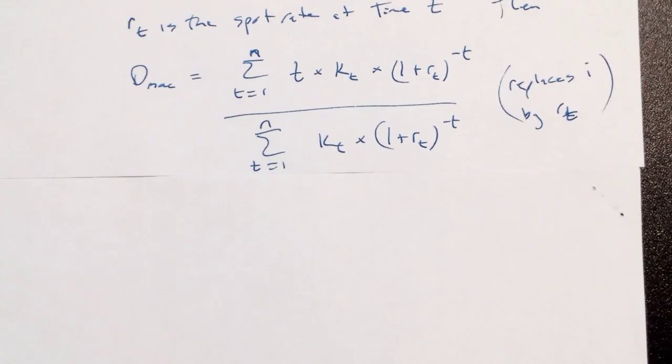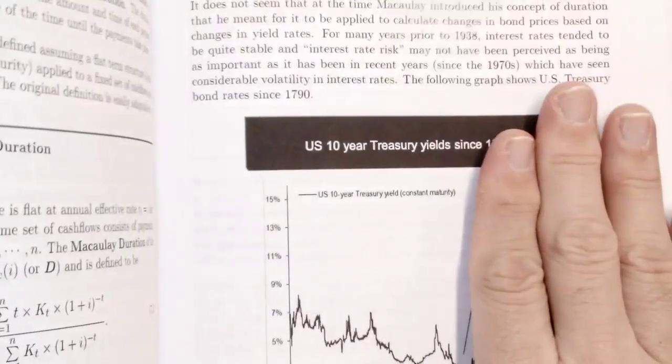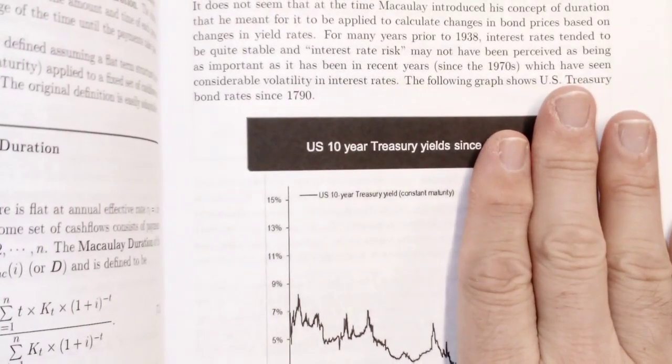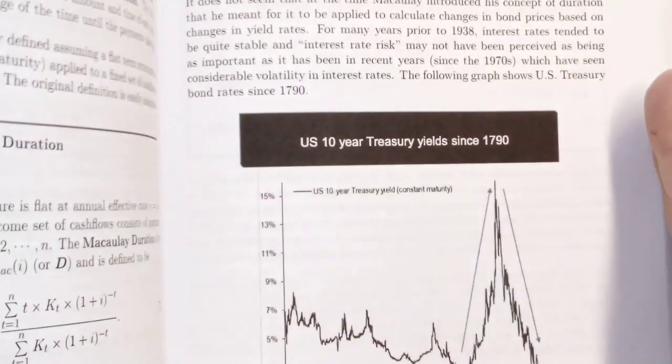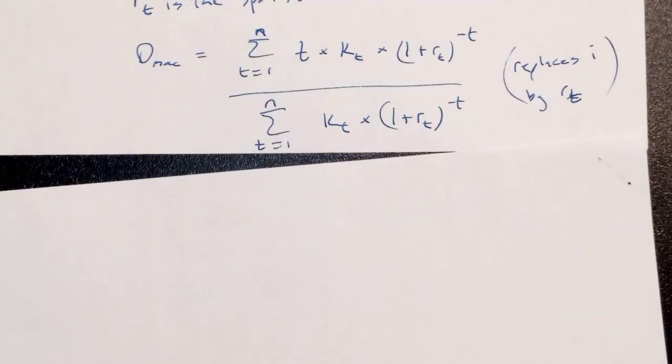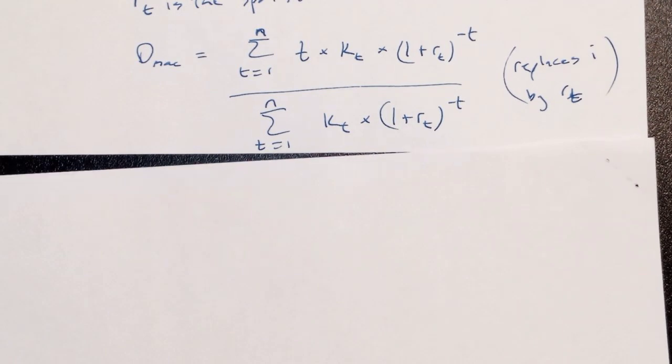So when Macaulay did this, he was looking at rates that had been fairly uniform, even routinely declining. Post that, so Macaulay had a problem. And the Macaulay definition didn't exactly work as well as we wanted it to.